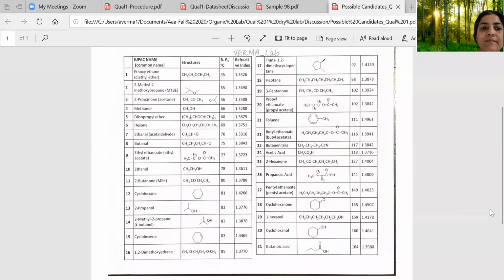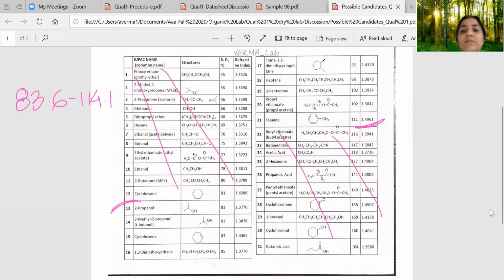Among all of this table, I will see where the temperatures between 83 and 114 are. I'm not even going to look at the rest of the compounds now. I will only look at compounds 13 through 21. So this is my first shortlisting method.